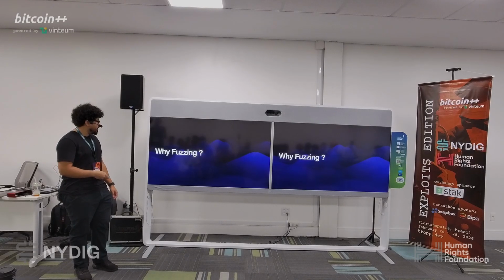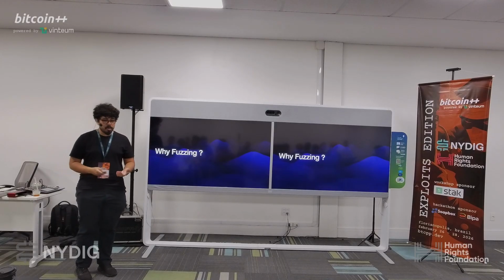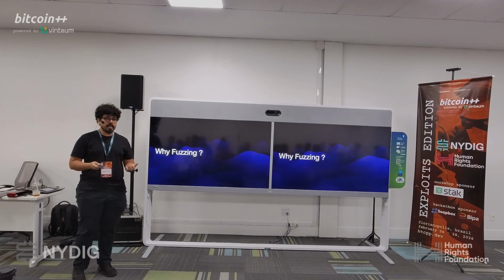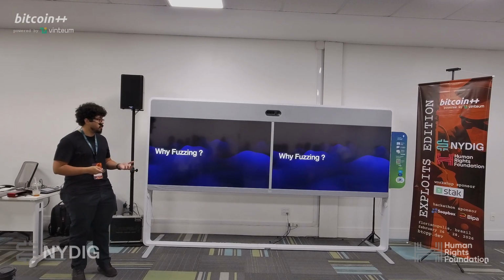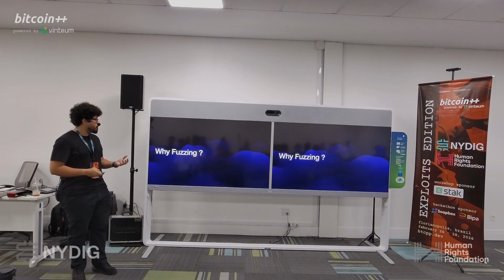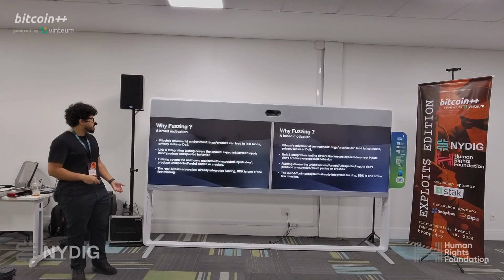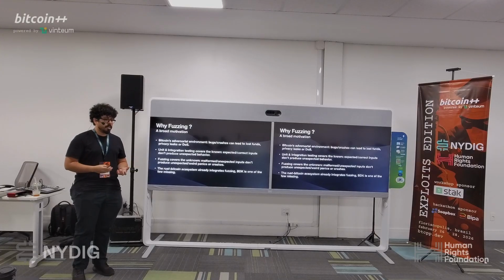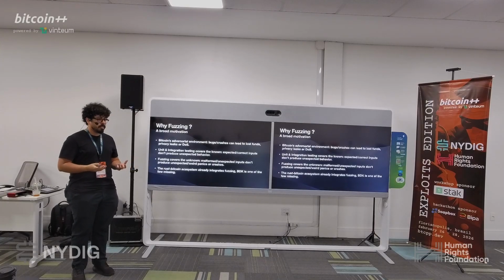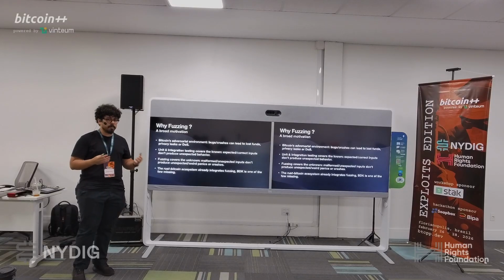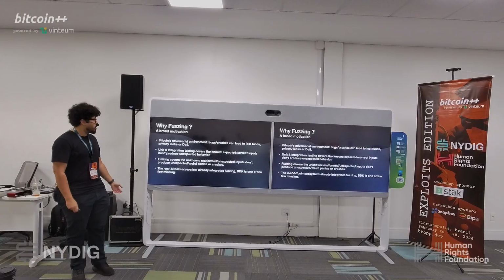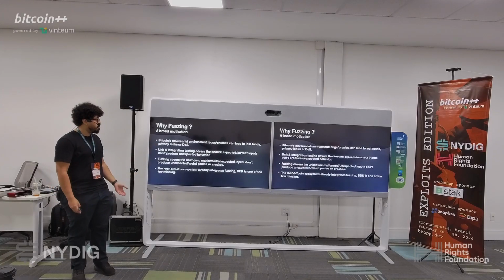So why fuzzing? As a broad motivation, there are a variety of ways that you can test your application: unit tests, integration tests, and also fuzz testing. Bitcoin is an adversarial environment and an adversarial network, and you need to prevent any bugs and crashes in your application, because they could lead to loss of funds, privacy leaks, or DoS, and in BDK we can face all of them.